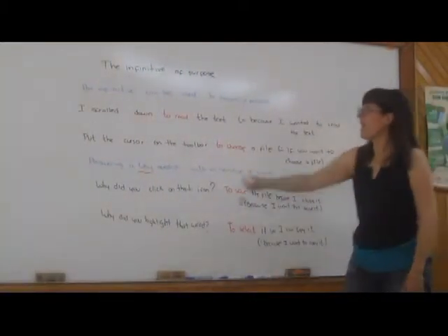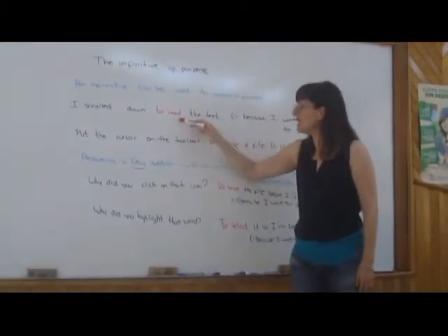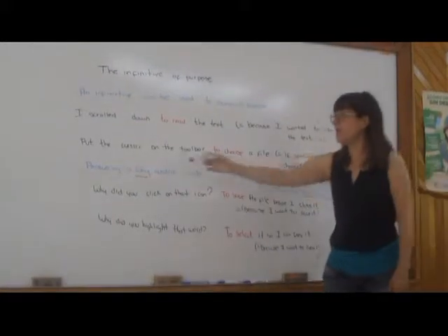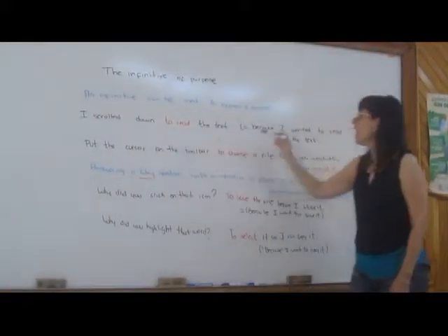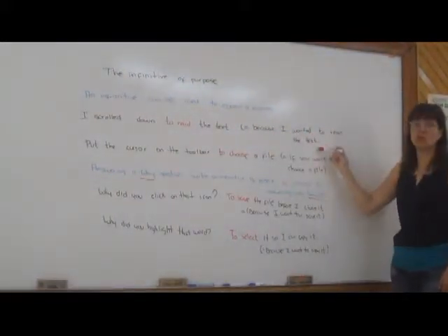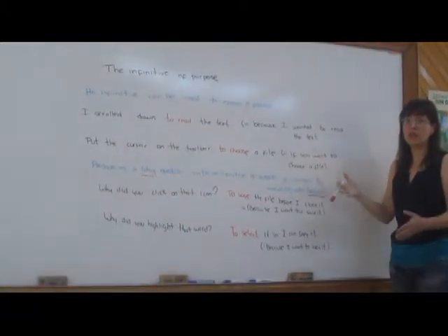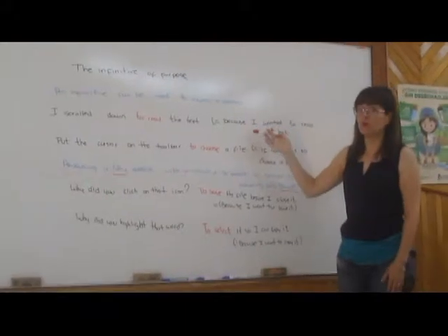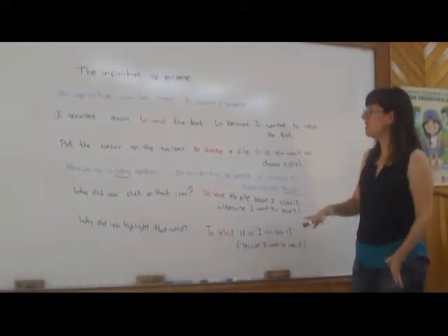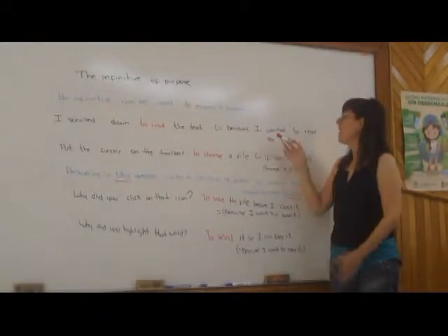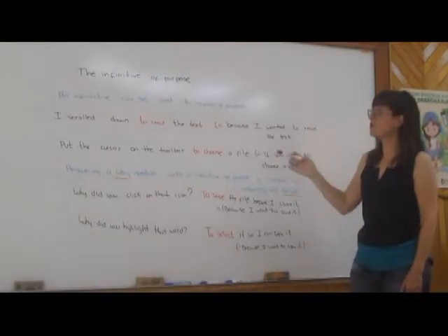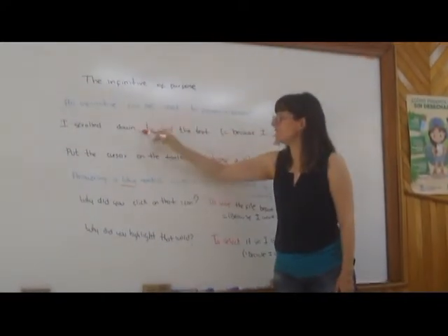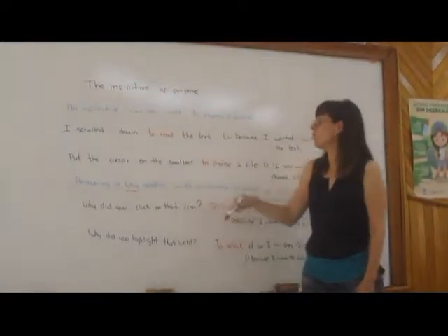So you can say, I scroll down to read the text, or you can say, I scroll down because I wanted to read the text. You can use one or the other. That's the reason why we have the infinitive. In this case, this is the infinitive of purpose.